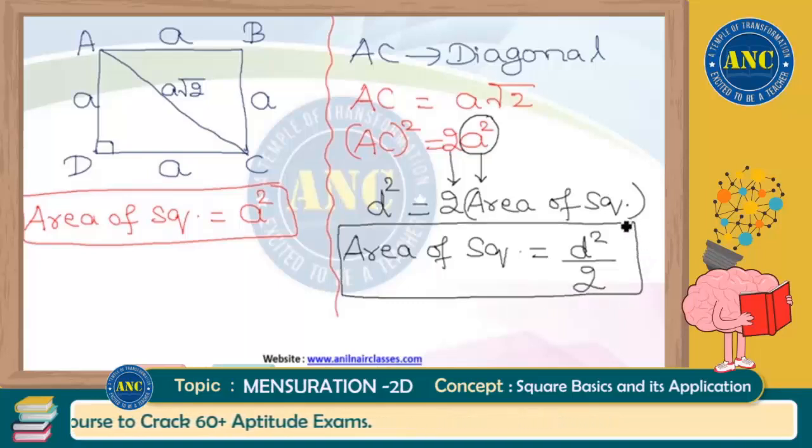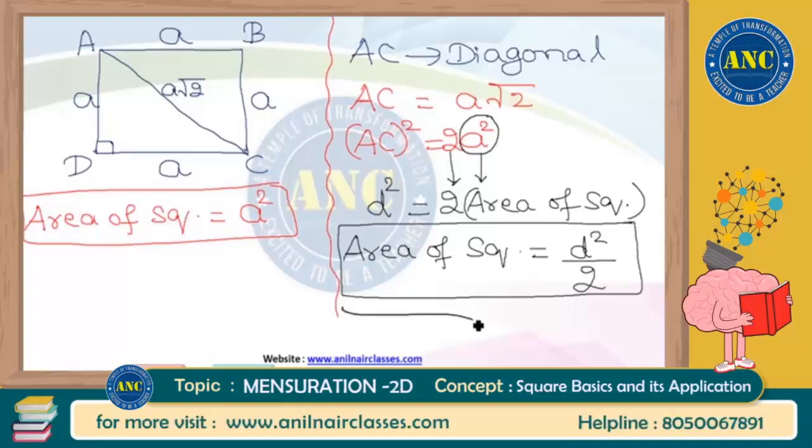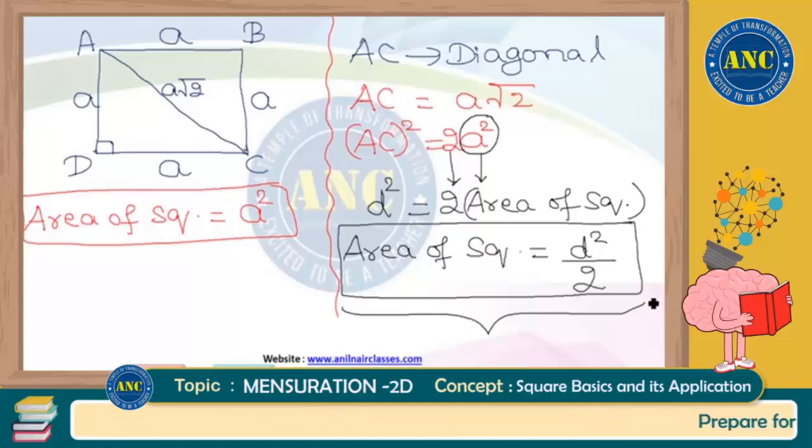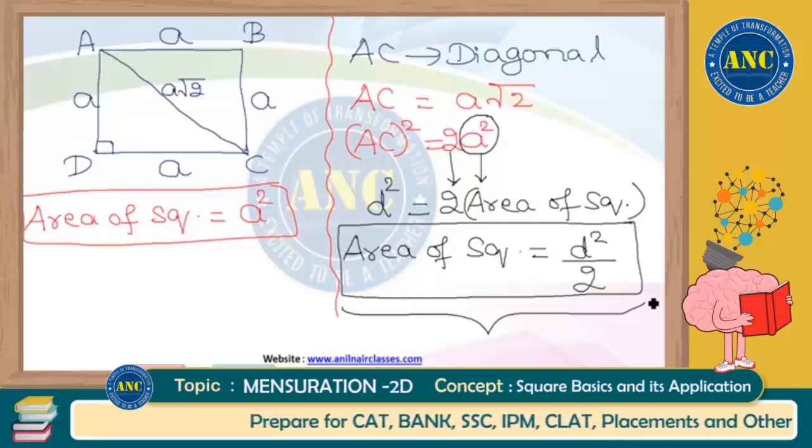I hope the proof is very clear for you people, because I might directly use these notations in my problem solving, but I do not want you to just memorize it and then use it. I want you to understand how you got this relationship between area and diagonal, as area of the square is equal to half of the square of the diagonal.